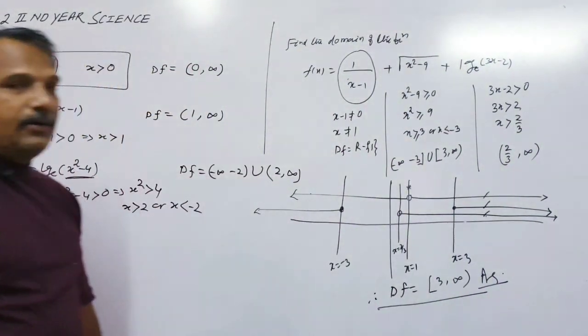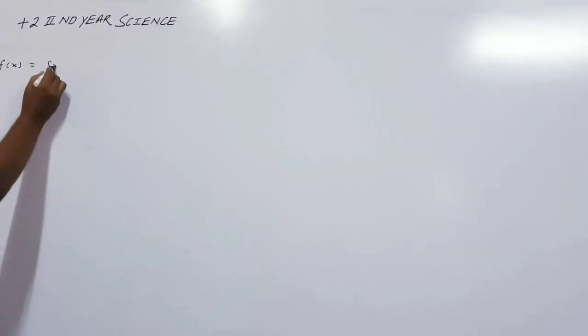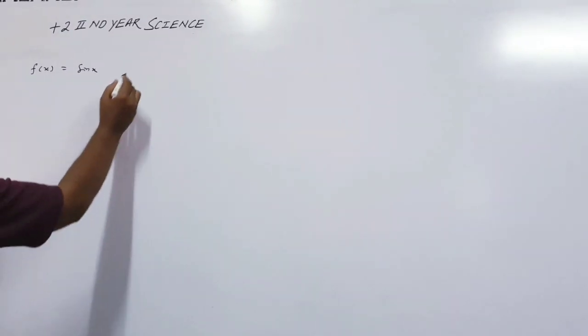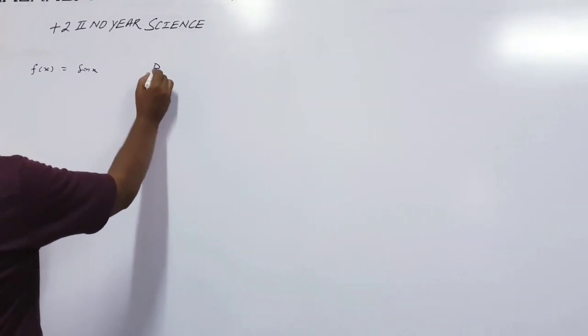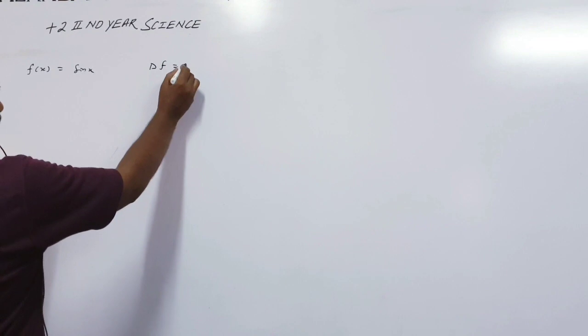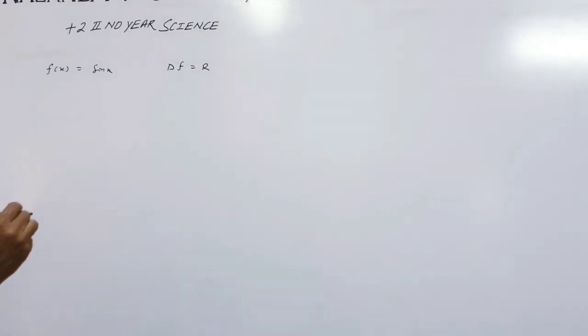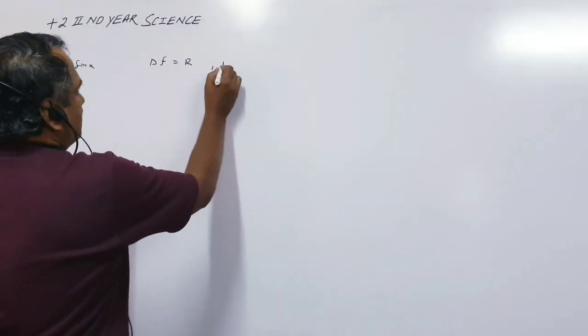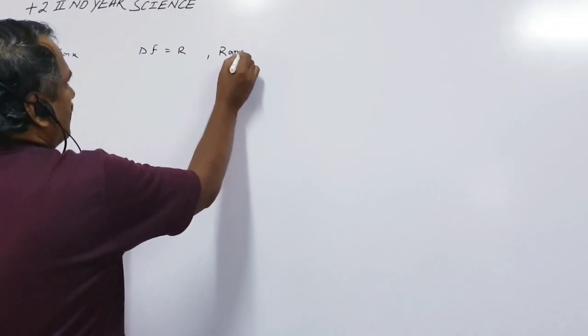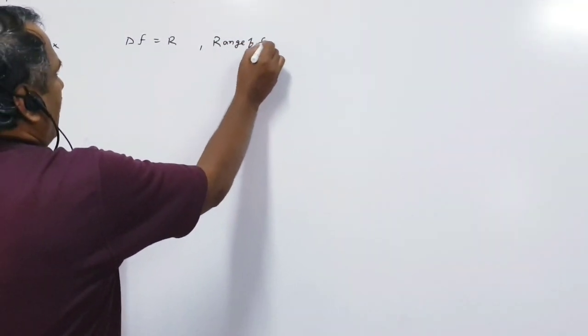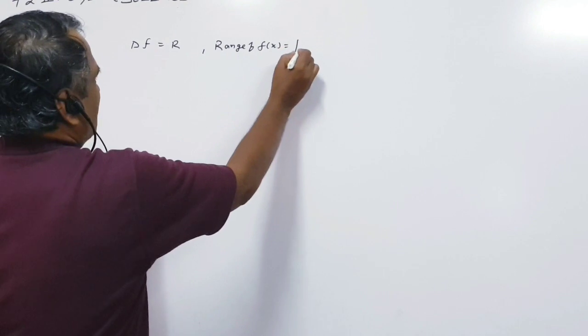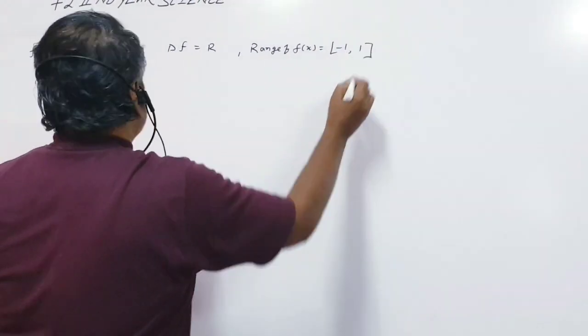Now, suppose f of x equal to sin x. So what is the domain? The domain of the function is the real numbers. And the range of f of x is minus 1 to plus 1, because the maximum value of sin theta is 1 and the minimum value is minus 1.